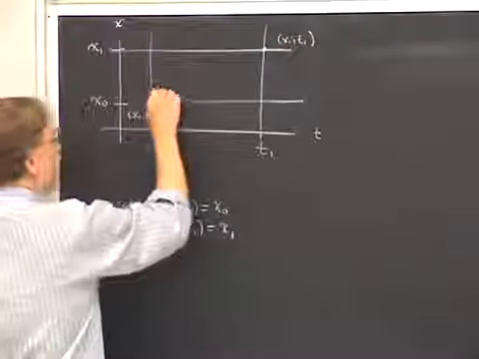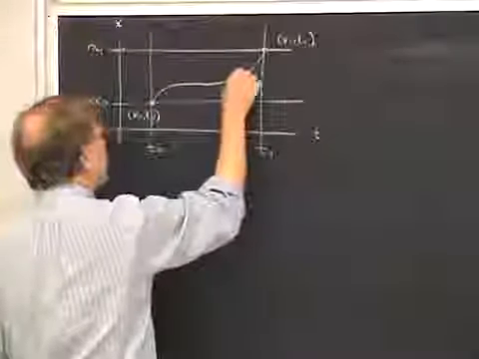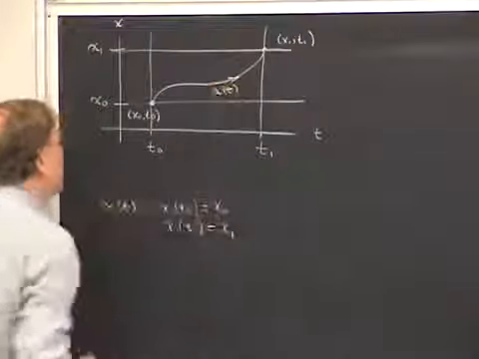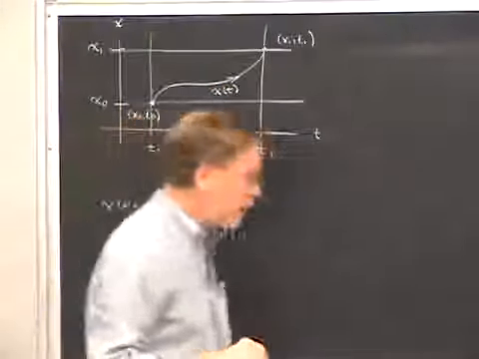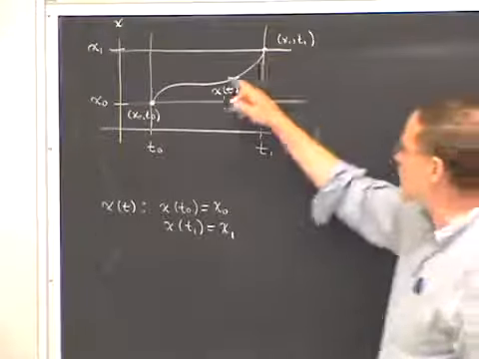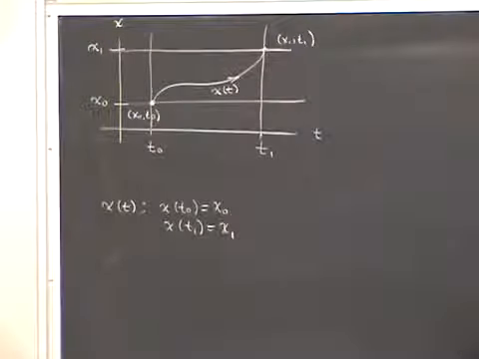If you sketch it on the diagram here, a path is a curve that goes through like this. I'll call this x of t. It's a curve that passes from the initial to the final positions and times, which are just fixed. These are just fixed parameters of the problem, these four numbers, x0, t0, x1, and t1.